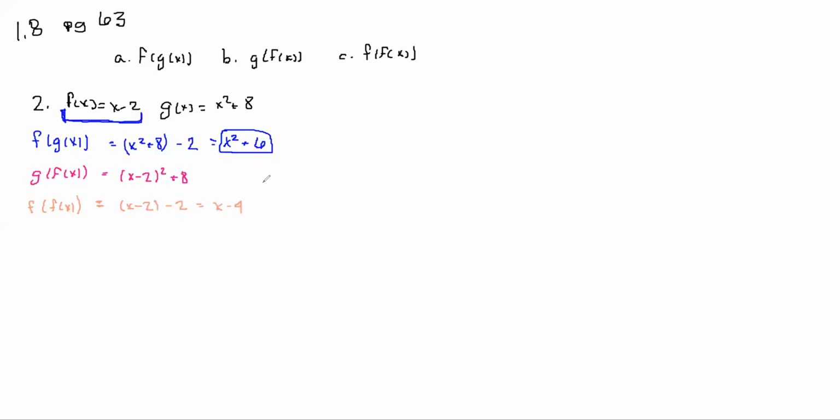All right. So that's basically what's going on here. Let's do number 4 too. Okay. So here we have f of x is equal to x squared, and g of x is equal to 3x minus 1.